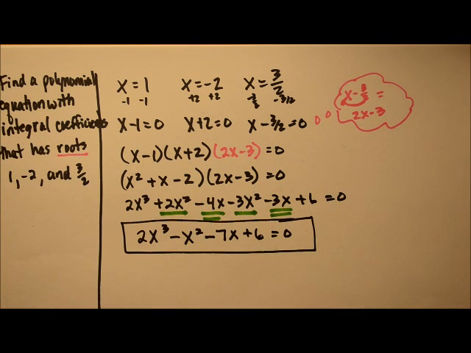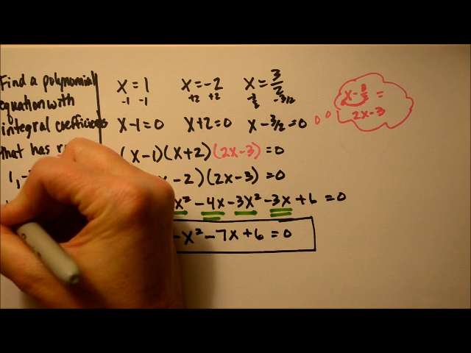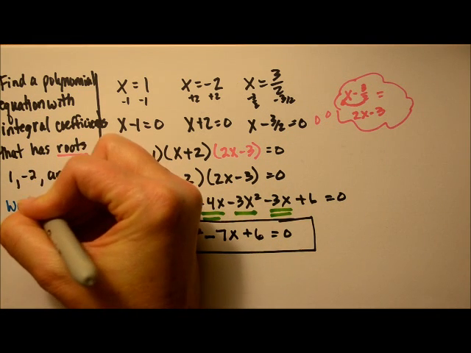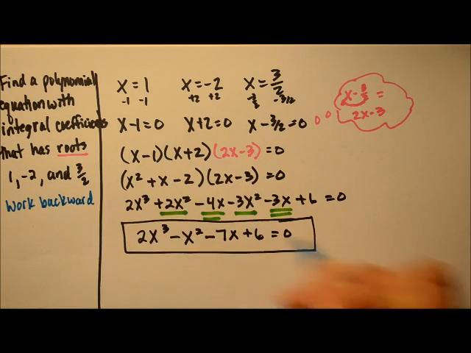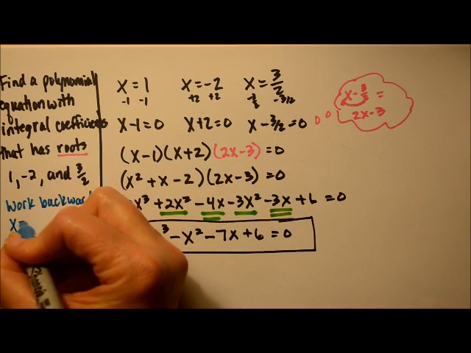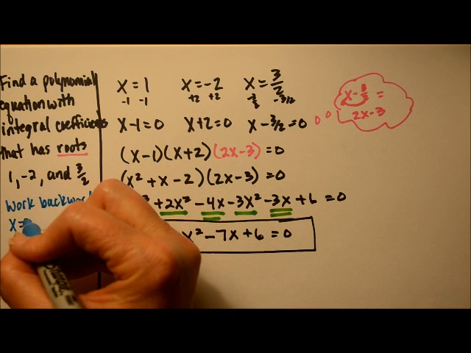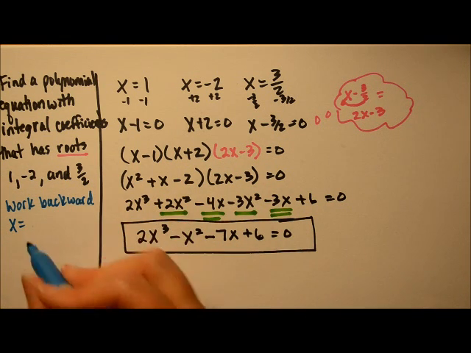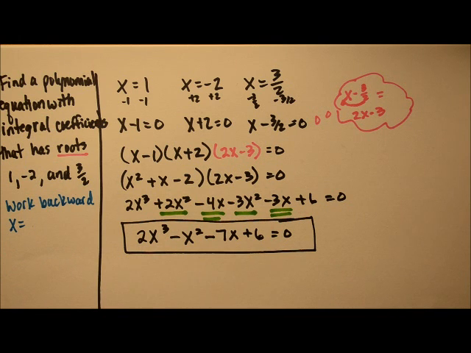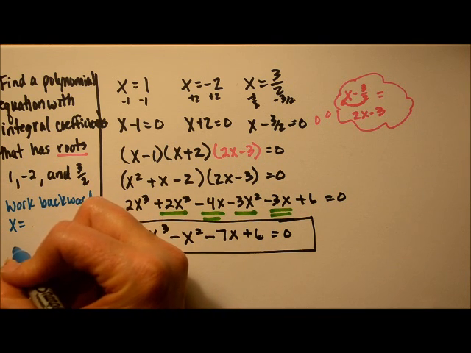So you're working backward. Work backward from x equals whatever, and then you have to multiply them out.